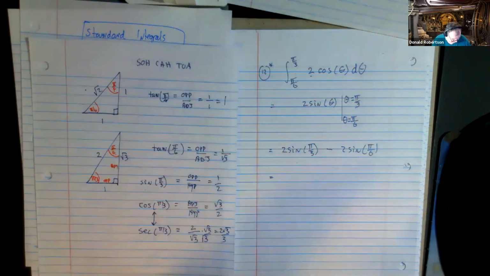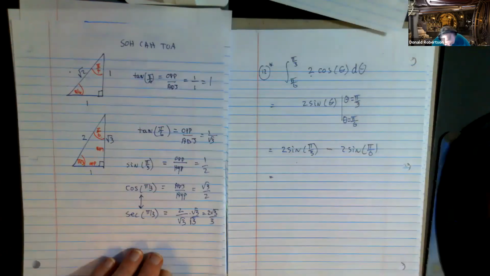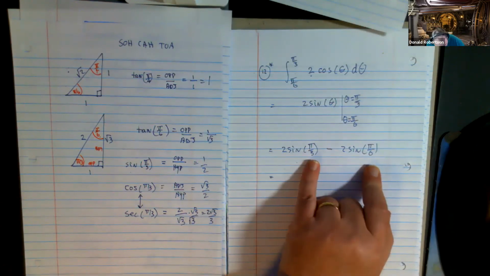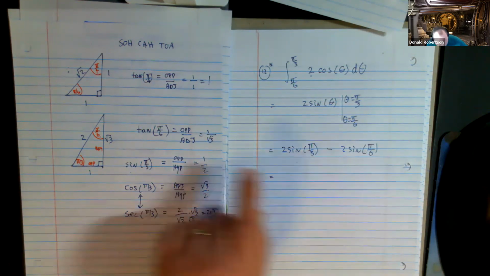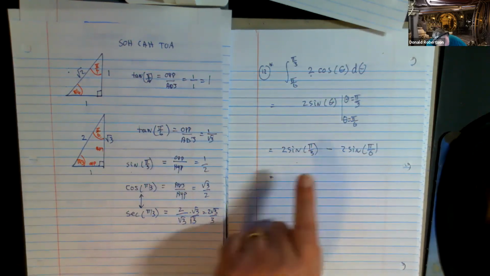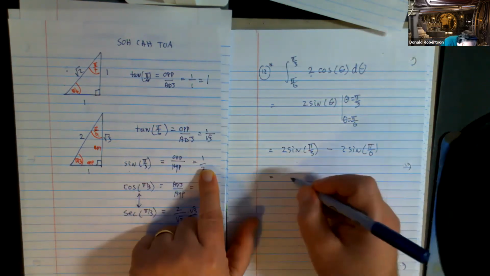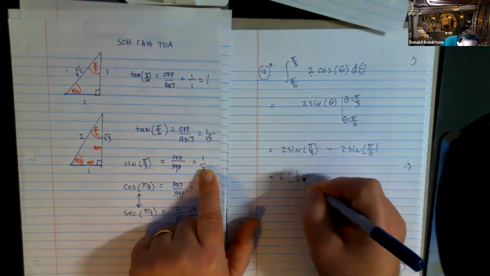If you're going to be finding exact values for sine pi upon 3 and sine pi upon 6, aren't you going to use this triangle? Right? Now the sine pi upon 3 is already calculated. You see its opposite over hypotenuse is a half. So that's 2 times a half.